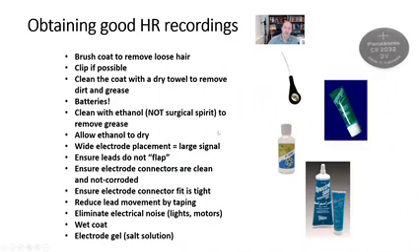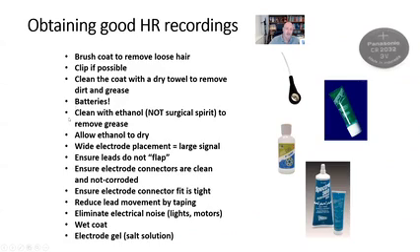Obtaining good recordings. Well, if it's really important, then brushing the coat. It's better on a clipped horse than, of course, on a horse with a really long coat. Cleaning the coat to remove dirt and grease. Checking your batteries, a very common user error. Cleaning with ethanol, not to remove grease.